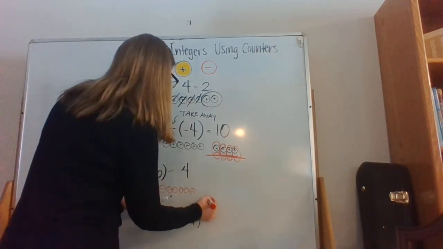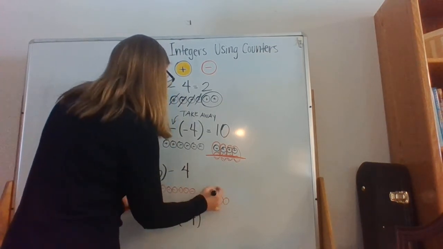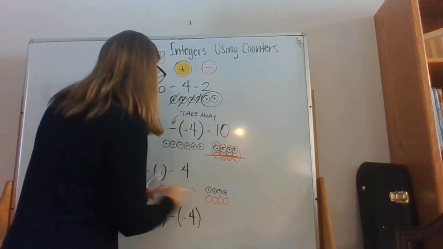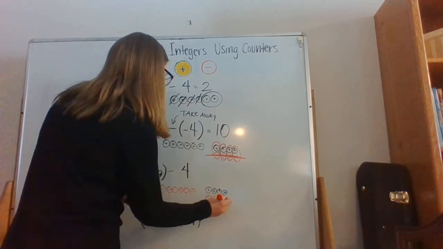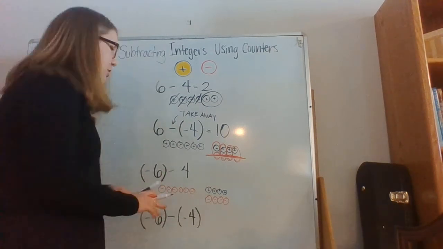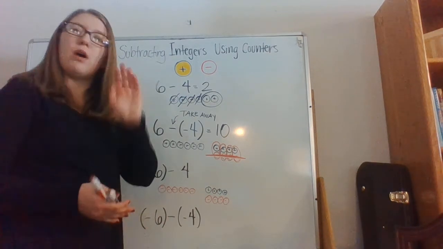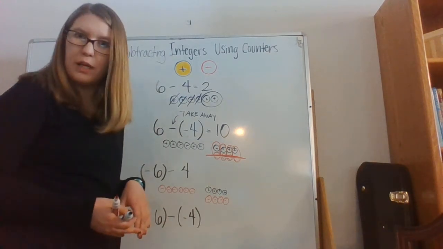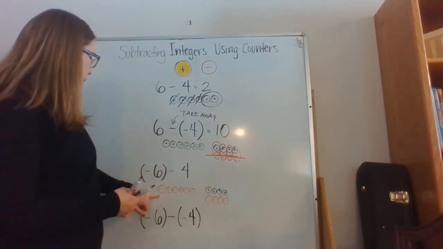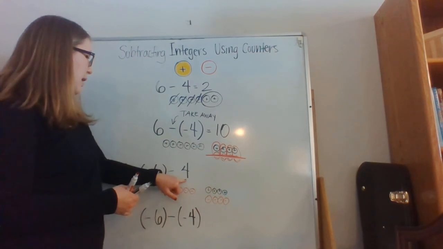So I have some 0 pairs, and I can add as many as I want because I can always cross off. So if I don't know how many to add, I can just add a lot of them, and then I can just cross off the extra ones that I don't need. Okay, so here I have negative 6, and I am taking away positive 4.